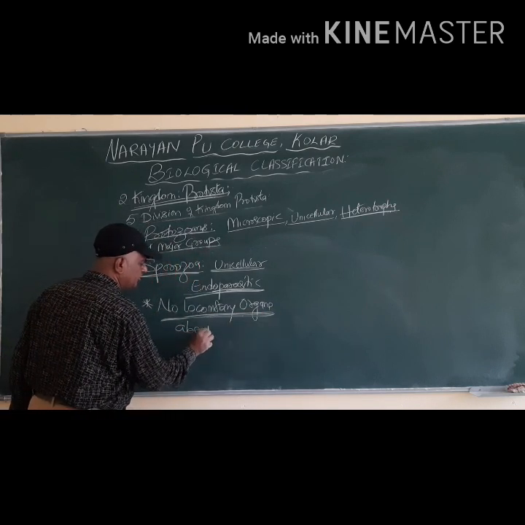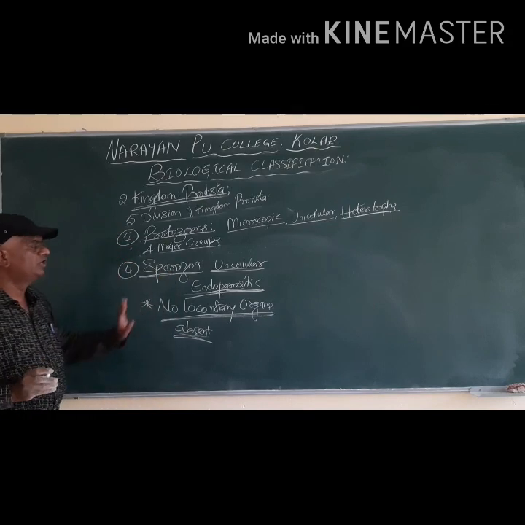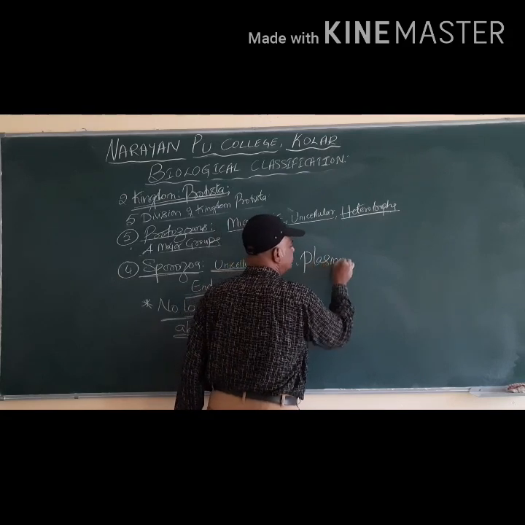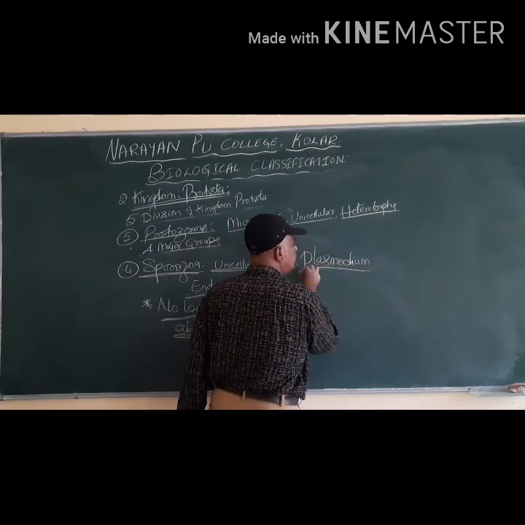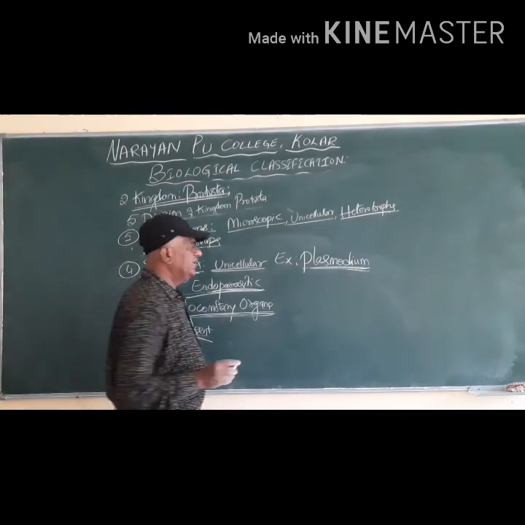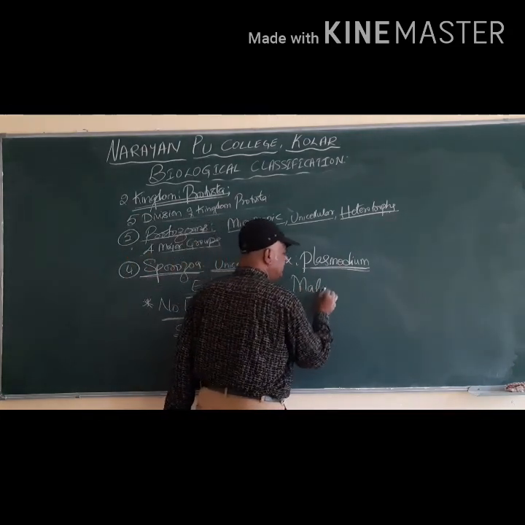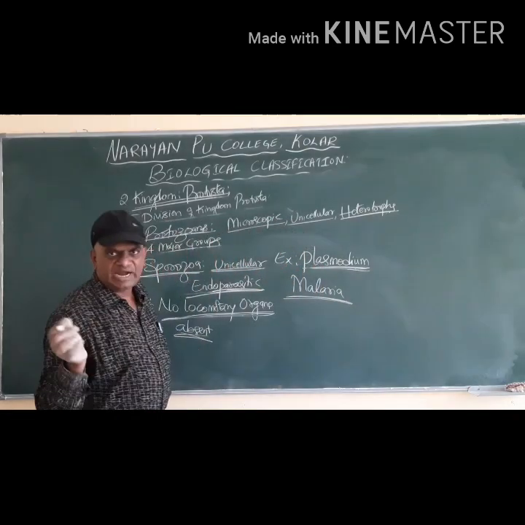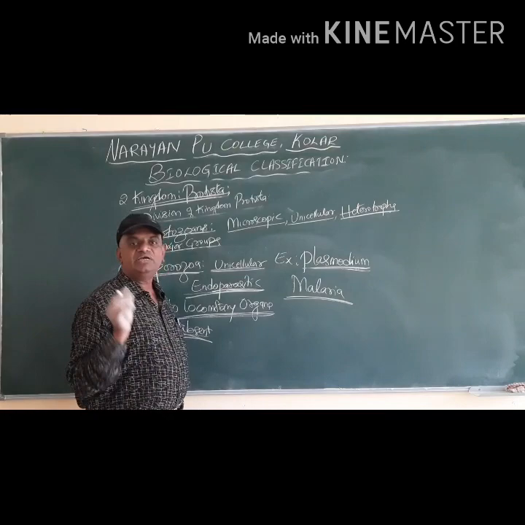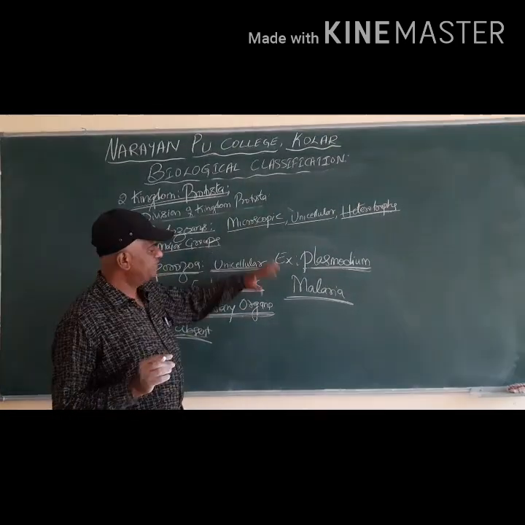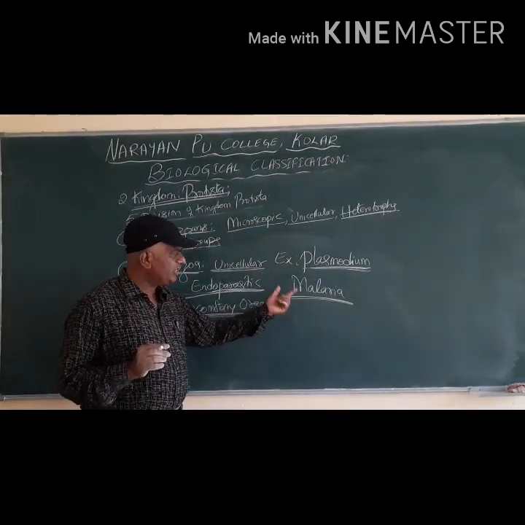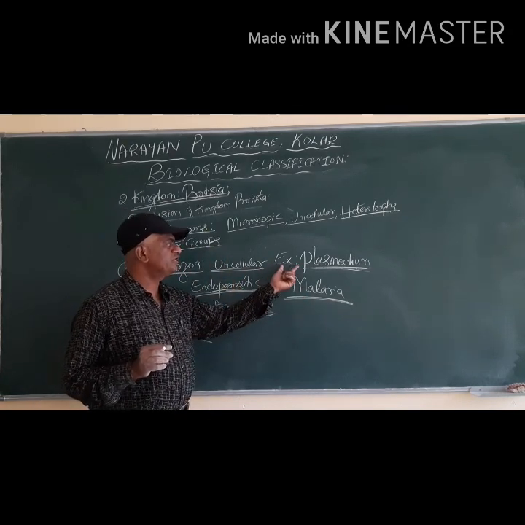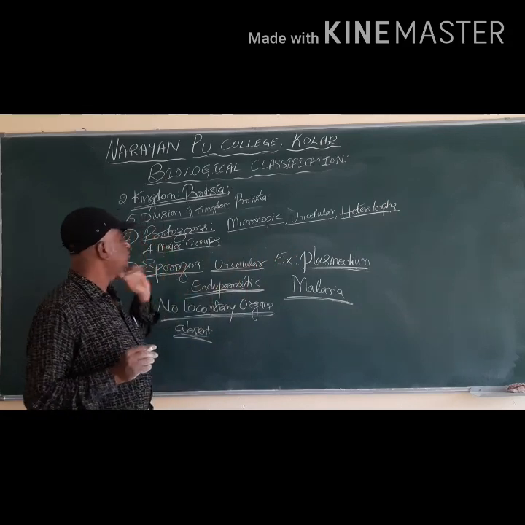An example is Plasmodium, which causes a disease called malaria. Malaria is caused by Plasmodium and is spread by the female Anopheles mosquito. The life cycle of the malarial Plasmodium we are going to discuss later on. So Plasmodium comes under this group.